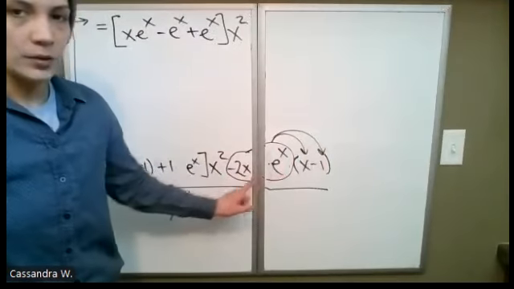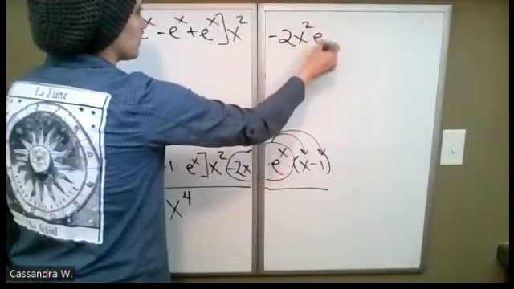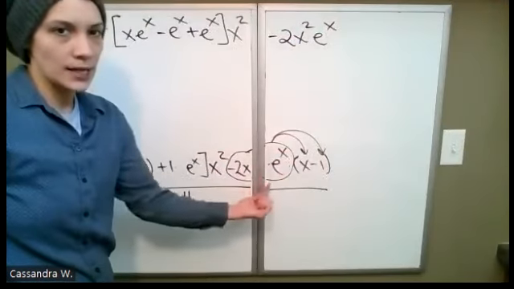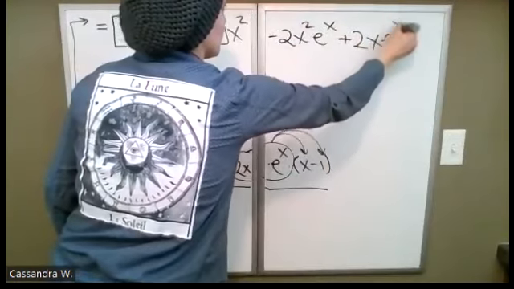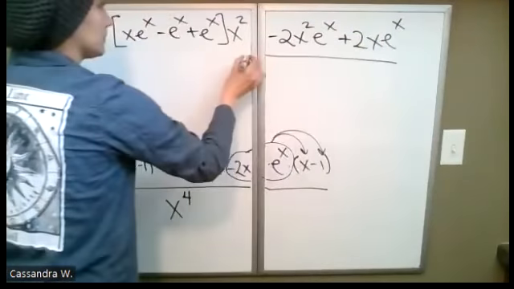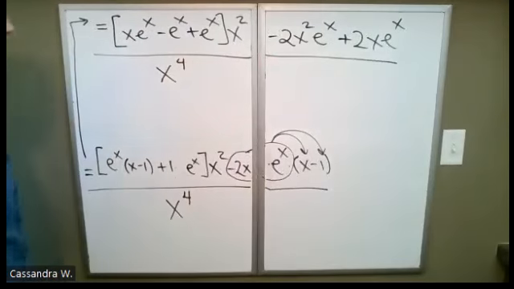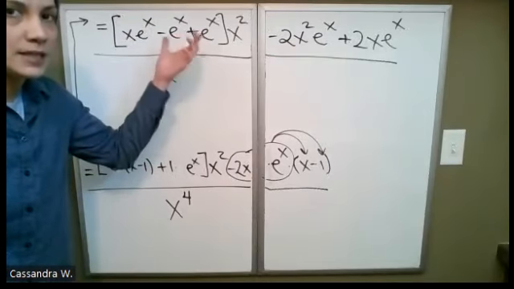Negative 2x squared e to the x, and then positive 2x e to the x. And then you've got that negative e to the x, positive e to the x, it's going to be 0.